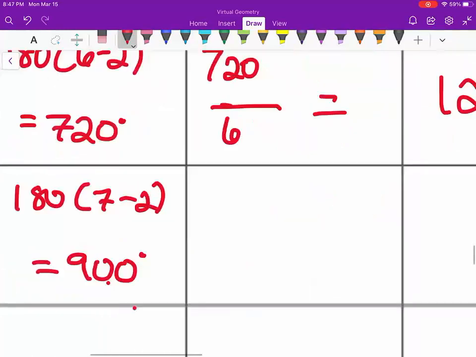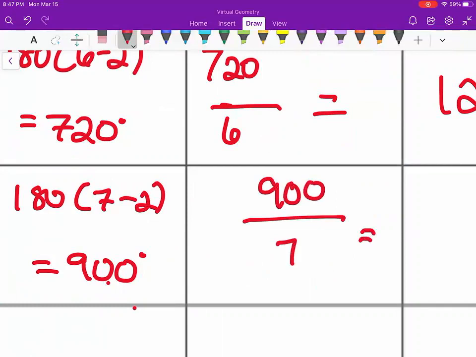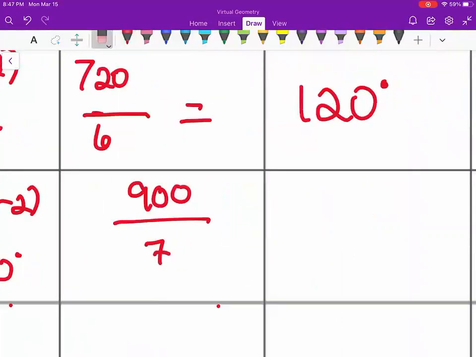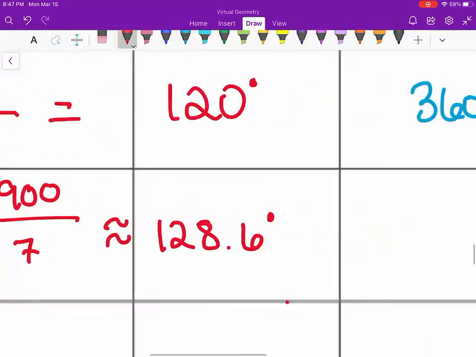Take that same 900 and divide by 7 for its 7 angles. Now this one we do get a decimal for, and sometimes that's going to happen. So it will give us approximately 128.6 degrees. I'm going to round that off to the nearest tenth. It's actually 0.57, which again, since it's to the nearest tenth, rounds up to 0.6.